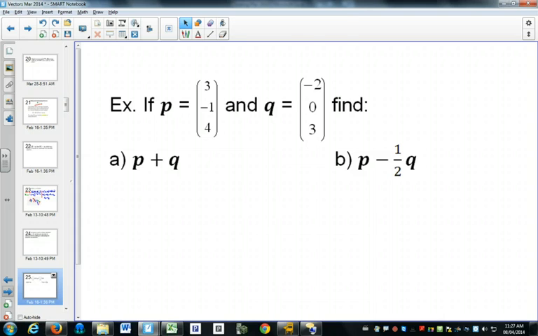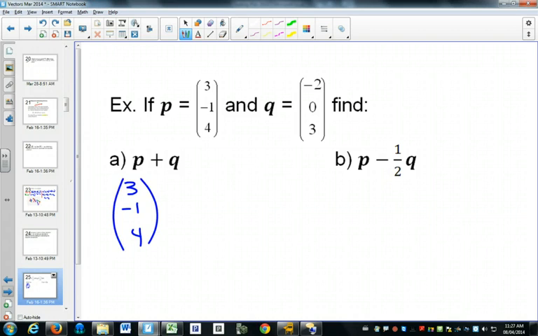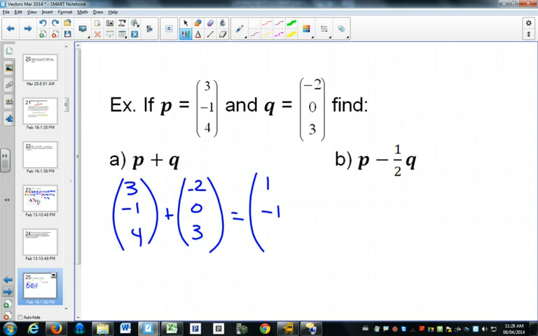And in these ones, I like it when it's written this way, because if I write out p like that, and I write out q right beside it, 3 plus negative 2 is 1, negative 1 plus 0 is negative 1, and 4 plus 3 is 7.